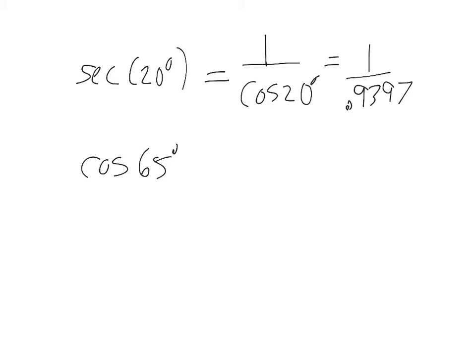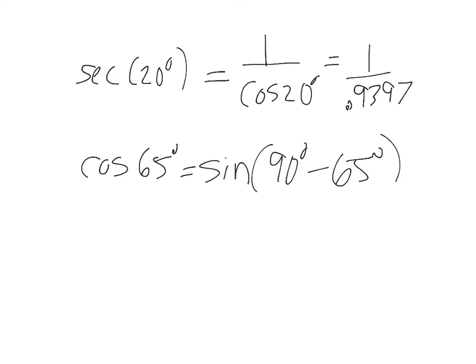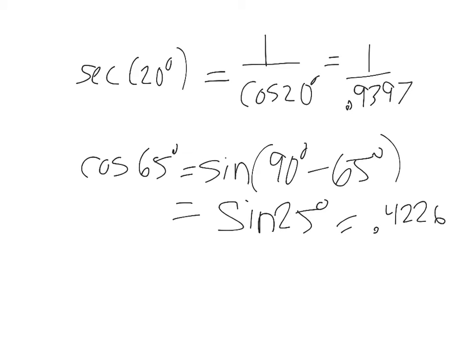So cosine of 65 is the same as sine of 90 minus 65. Remember, cosine of theta equals sine of 90 minus theta. In this case, theta would be 65. So cosine of 65 is the same as sine of 25. And now I can do that because in the table, I go to my sine function and it goes to 25 and it's 0.4226.